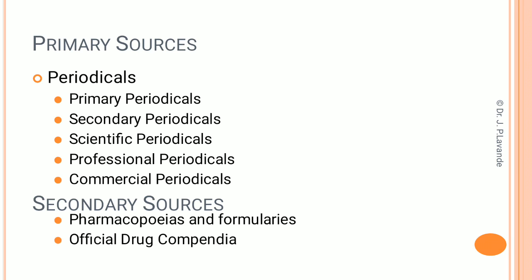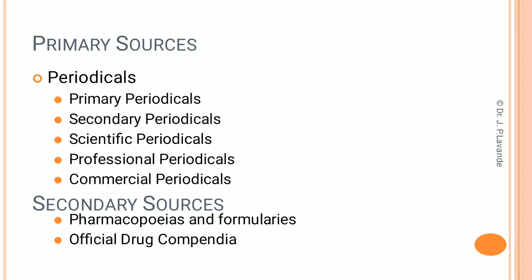Commercial periodicals contain information that is useful to the trade people, for example, information regarding the entry of new products into the market, price change information, promotional literature, etc. For example, CIMS, Drug Index, MIMS, and Drug Topics.